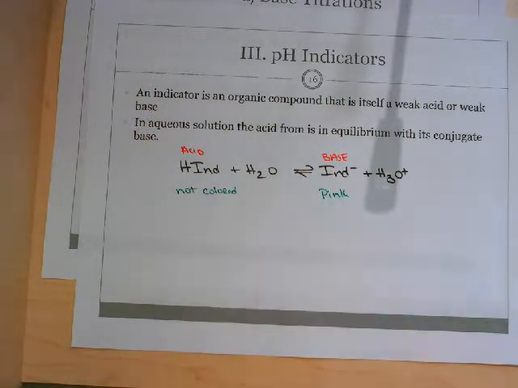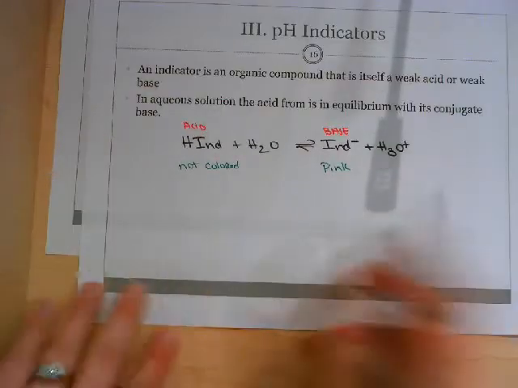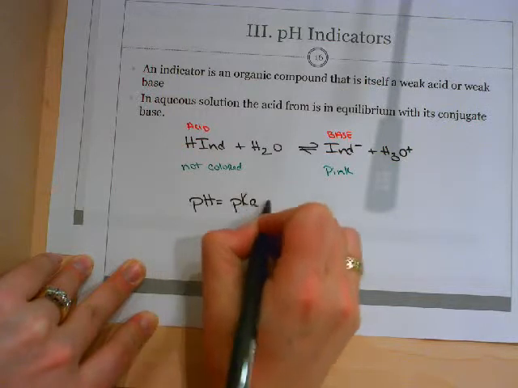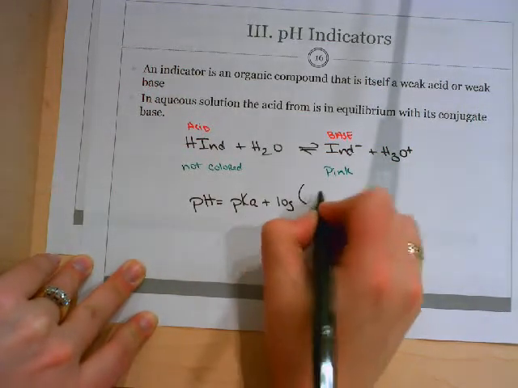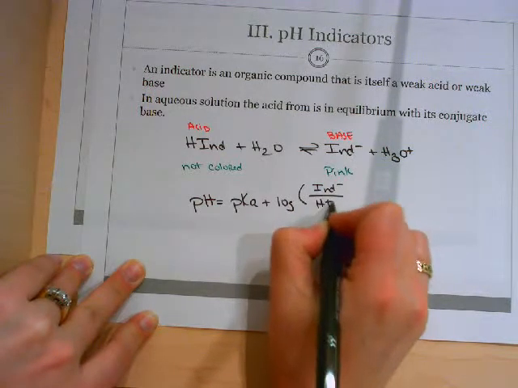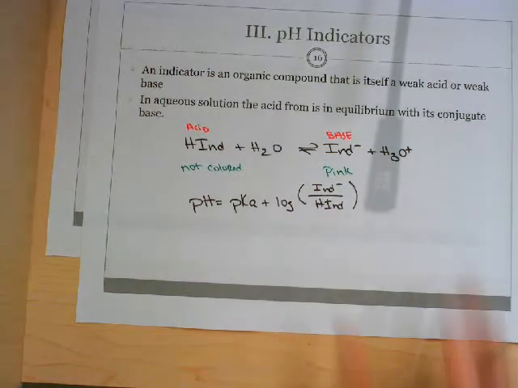And so, if it is this, means I can also write a statement like this. Right? I can use the Henderson-Hasselbalch equation to describe an indicator. Totally fine.